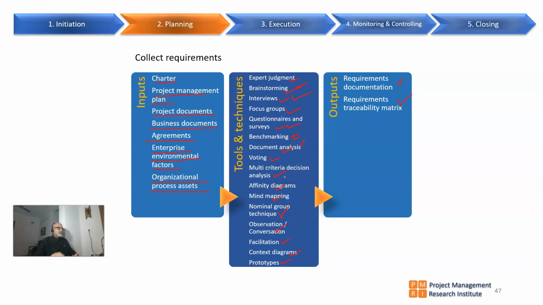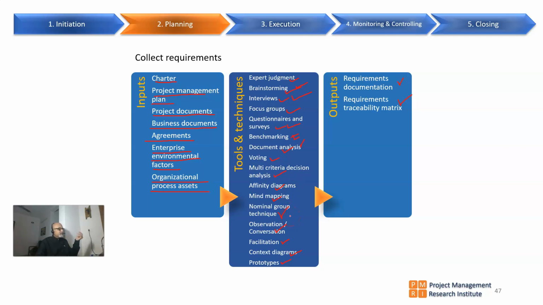Multi-criteria decision analysis: for each requirement we can give weightages for different parameters, and based on the sum total of the weightages we can prioritize them. Mind mapping is about ideation, and mind mapping tools are available. It is a great way of capturing the brainstorming findings, and a great tool to supplement the brainstorming exercises.